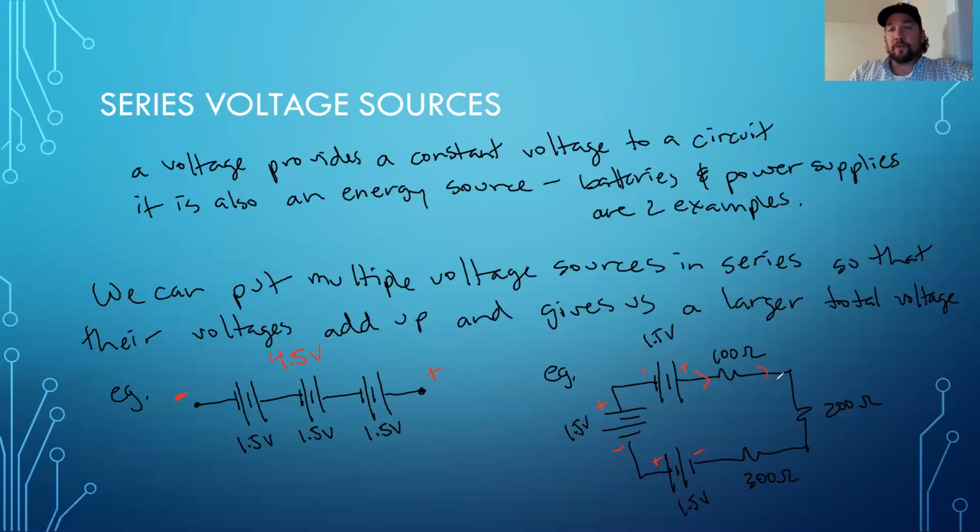And so the current will flow this way. And so we know that an electron that starts here and goes through this battery gains 1.5 volts, then gains another 1.5 volts, and then gains another 1.5 volts to give us a total between this point and that point of 4.5 volts, or total in the circuit of 4.5 volts.